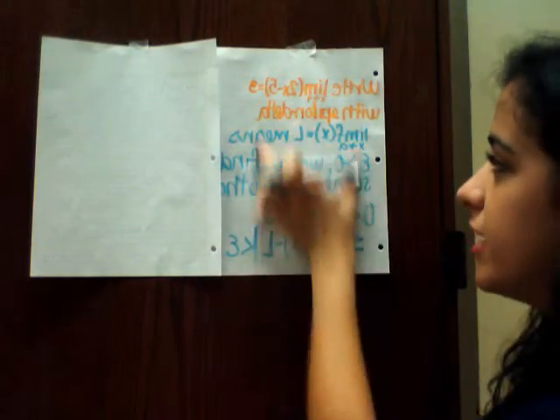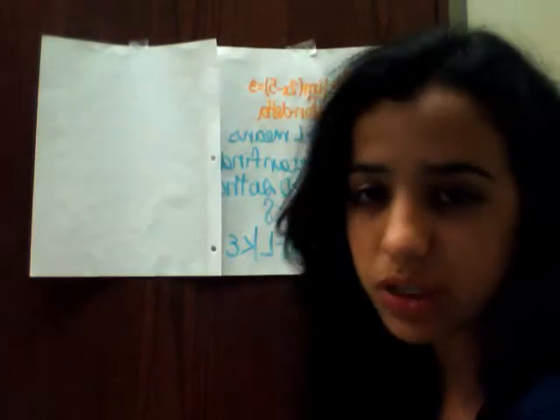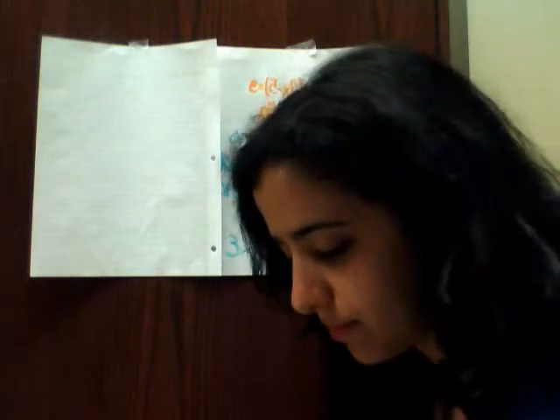So this is the formal definition of limits, which is using epsilon delta.